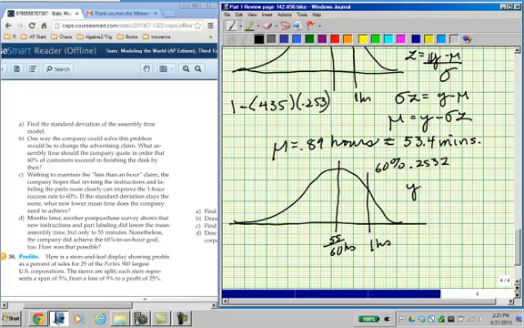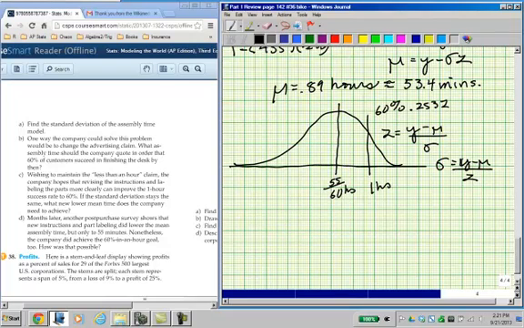So we take z equals y minus mu over sigma. Sigma equals y minus mu over z. So what do we have?